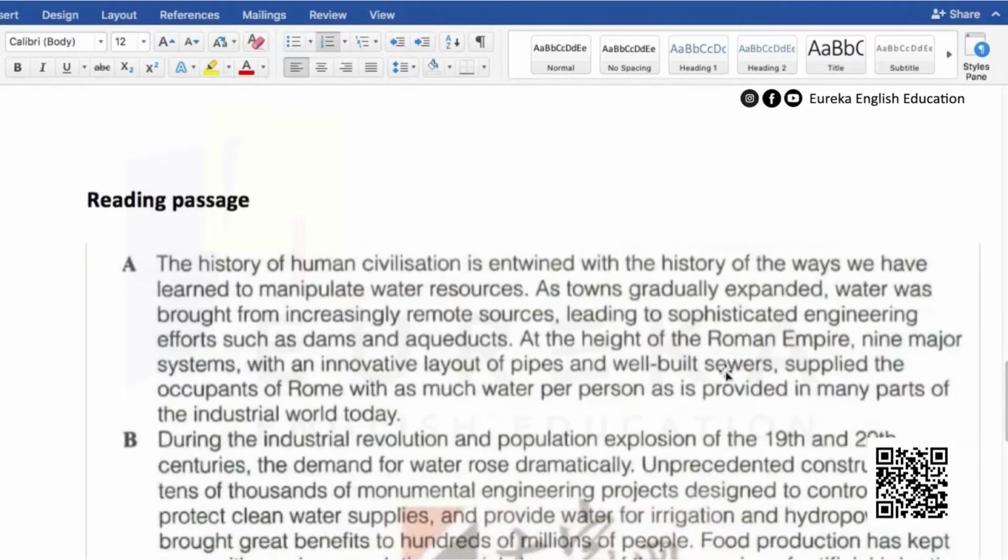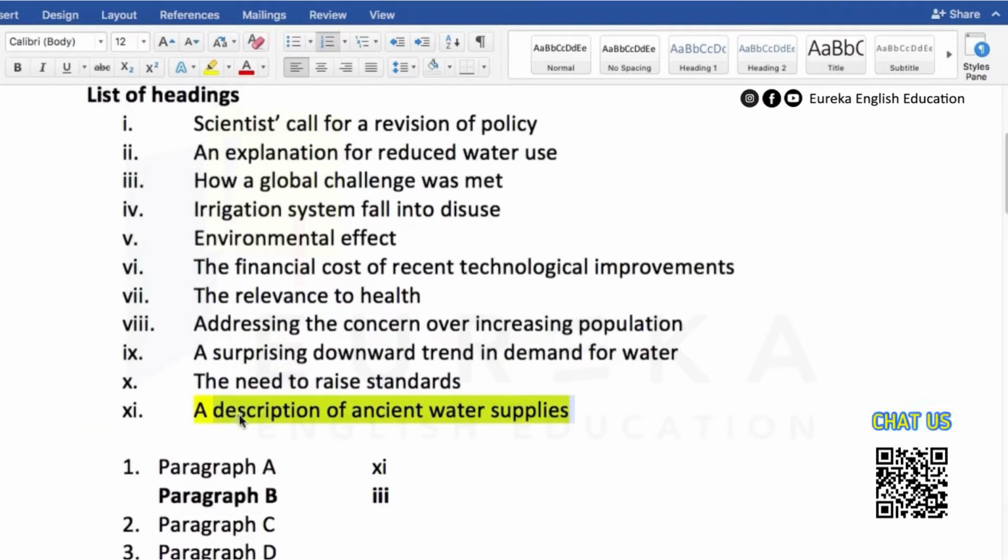It talks about the supply of water, and it specifically describes the water supply or water use that happened in the Roman Empire, in Rome. So I think that's probably the strong point why 11, the description of ancient water supply, is the correct option for paragraph A.